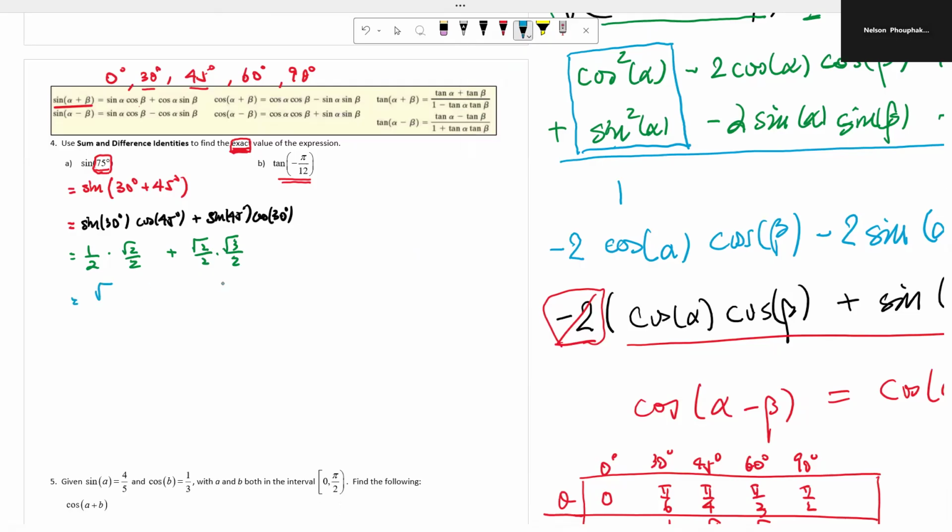Then it will be root 2 over 4 plus root 6 over 4. Remember, root 2 cannot add to root 6 because they're not alike. So my answer in this case will be root 2 plus root 6, divided by 4.